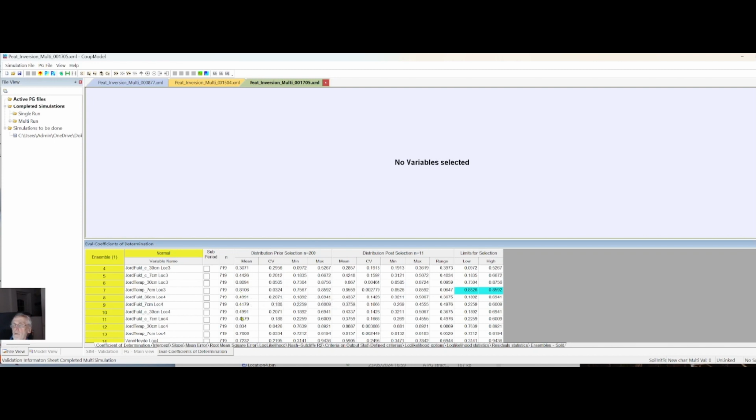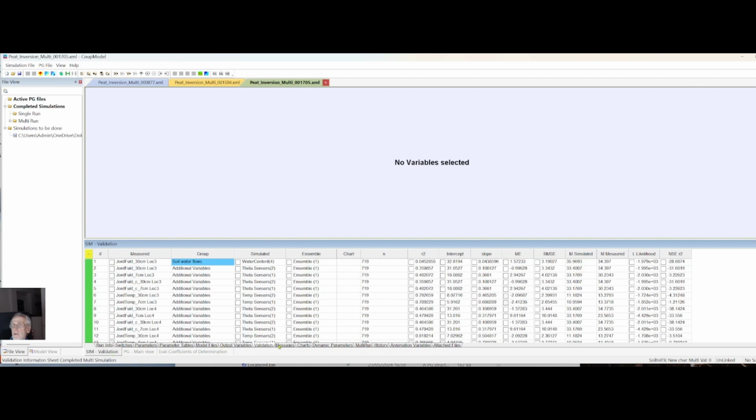And if we now go into our simulation sheet and go back to this sim validation, and then I right click for estimating a mean value, and then we look at this temperature sensors.